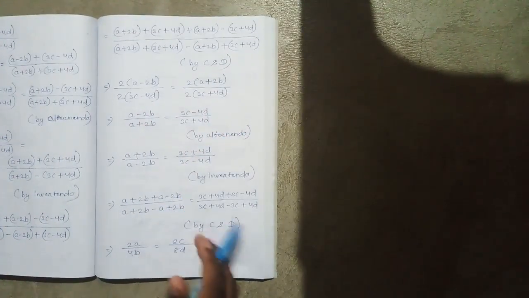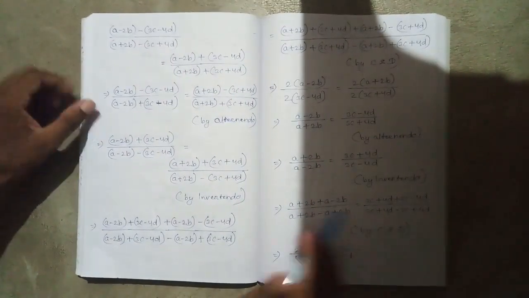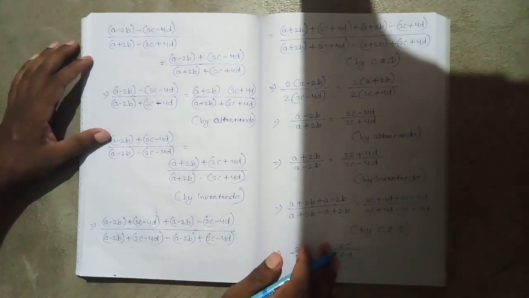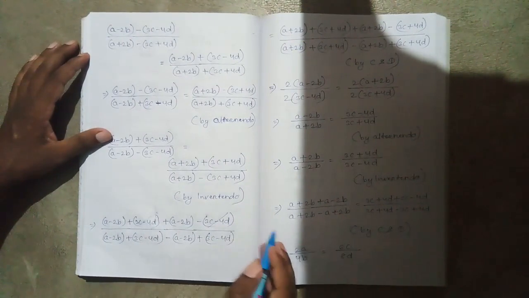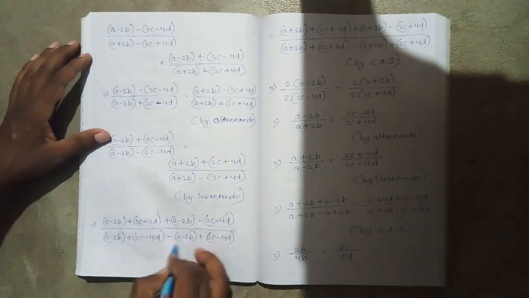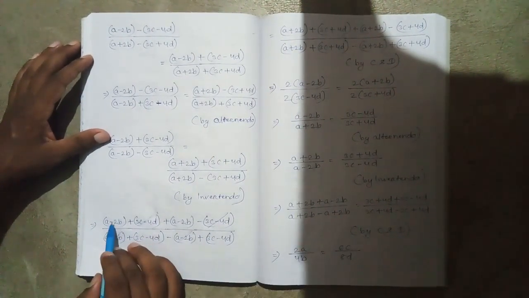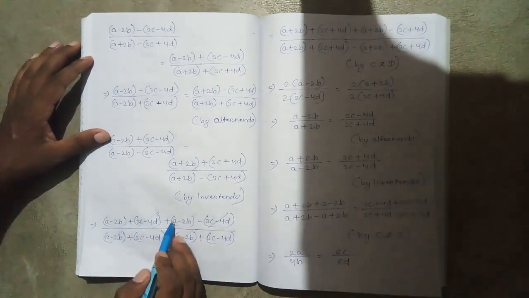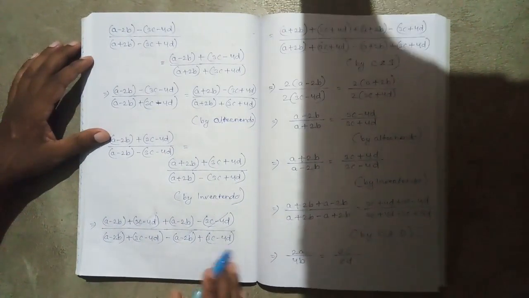Now you can see this and this will cancel. Okay, these two are cancelled, these two are cancelled. So we will get 2 times a minus 2b. Okay, 2 whole a minus 2b by 2 whole 3c minus 4d.